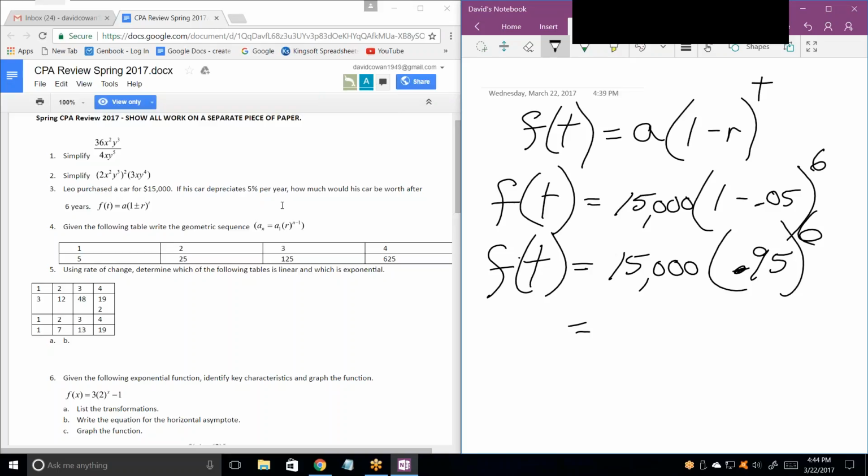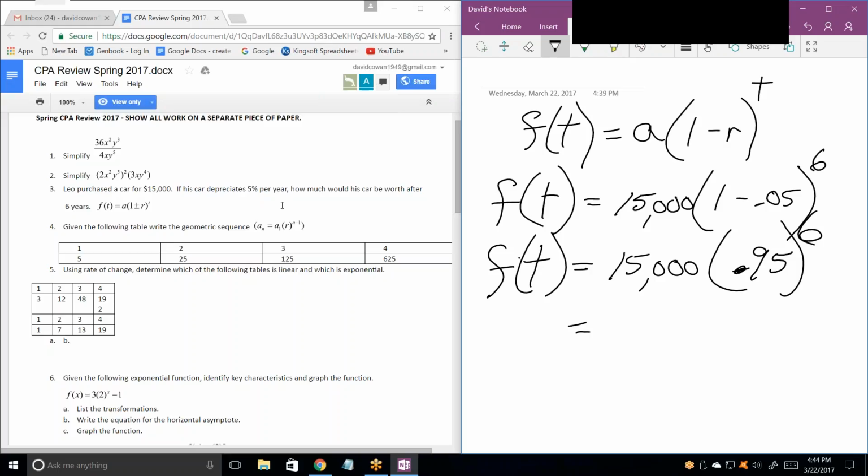I get 34.2. Oh, but I think I did this wrong. You're doing it wrong. First of all, when you take numbers that are less than 1 to powers, they get smaller. They don't get bigger. They never get bigger than 1.